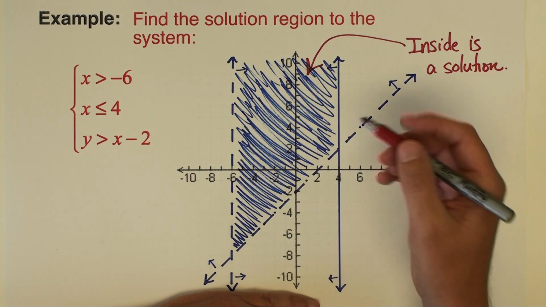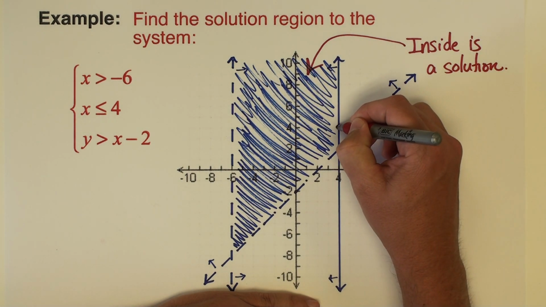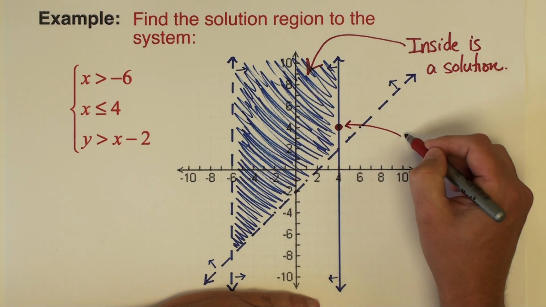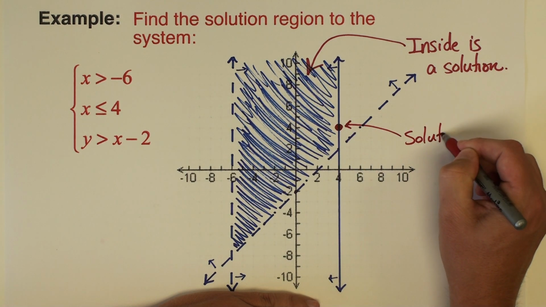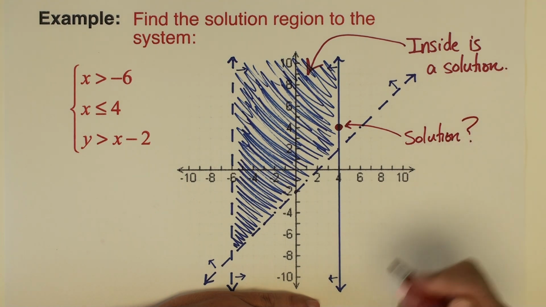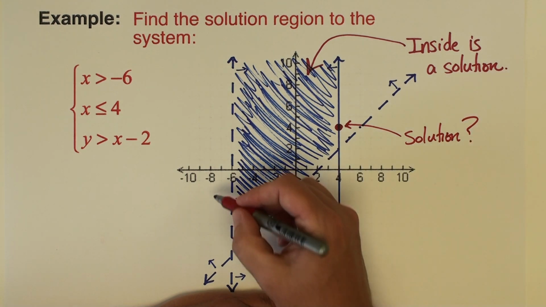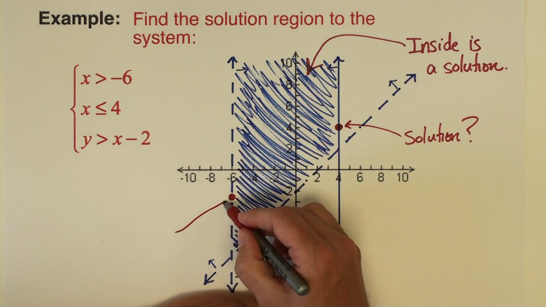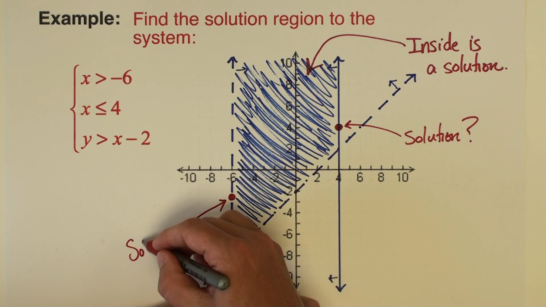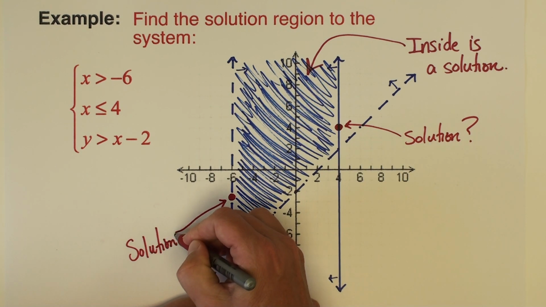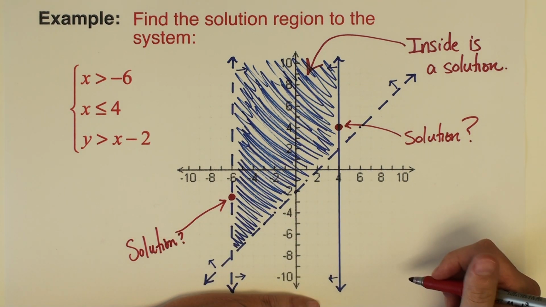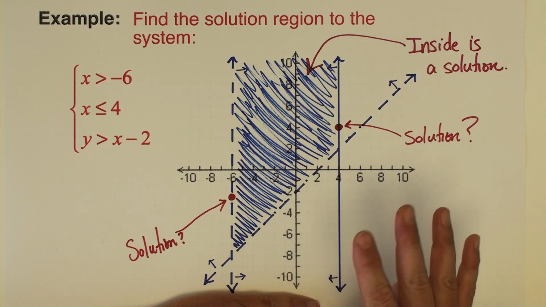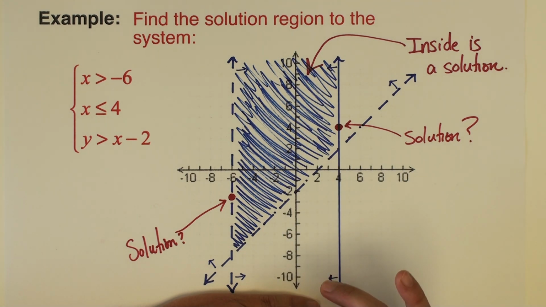If I were to pick a point right here, is that point a solution? Or what if I pick a point over here? Is that point a solution? And the question is answered yes or no dependent on what kind of line we have.